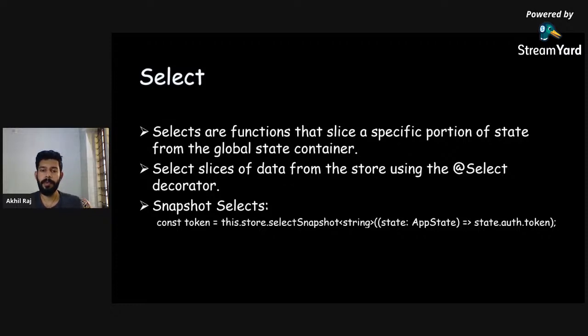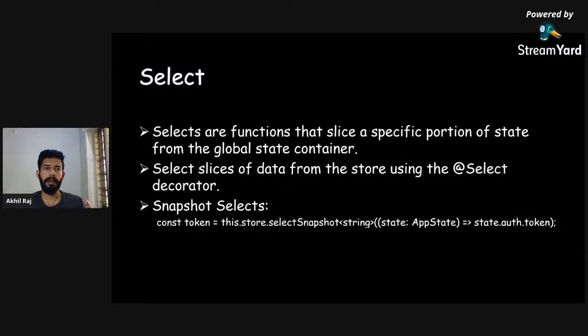Sometimes we need to save our tokens, API tokens, all those things in our state management. Because most of the data are observable, sometimes we need to read the data from that store without an observable variable.